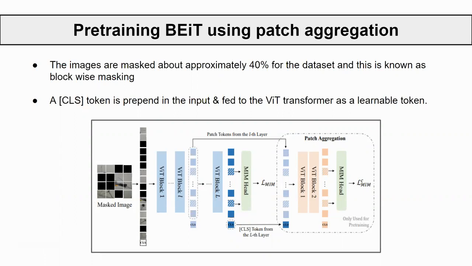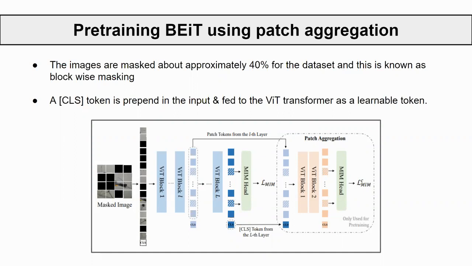A CLS token is obtained in the patch aggregation, and this token is a learnable token which is obtained by the last layer, and a patch token is taken from anywhere in between of the outputs of the ViT blocks.